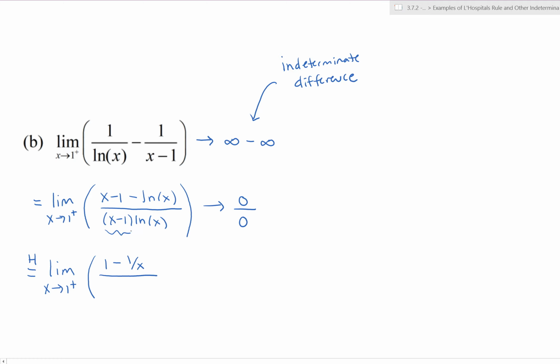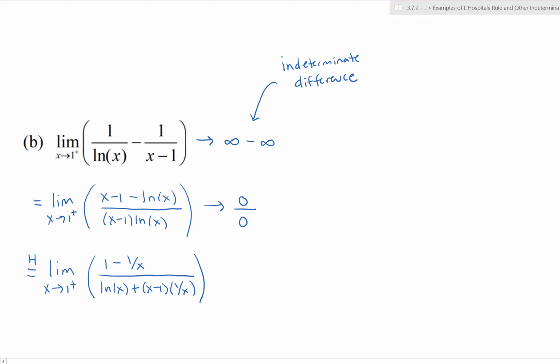We can treat x minus 1 as the first function and the ln of x as the second function. So the derivative of x minus 1 is just a 1 times the ln of x leaves me with ln of x. And then plus the derivative of ln of x, which is 1 over x, times an x minus 1. So x minus 1 times a 1 over x.